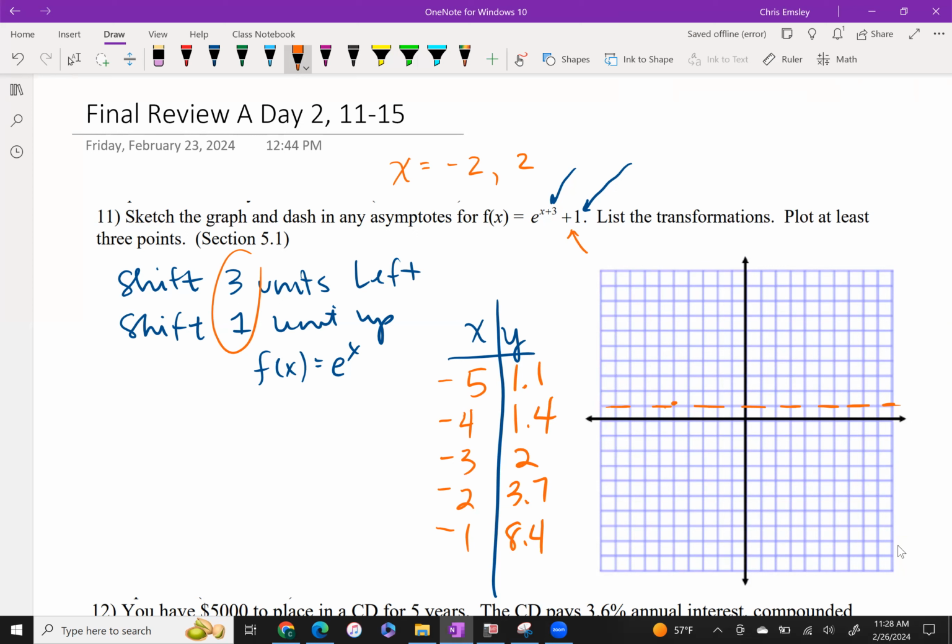And then we get a 1.4 and then a 2. -2 is 3.7 and -1 is 8.4. And there is our nice little exponential function. Make sure you draw the asymptote and the function.